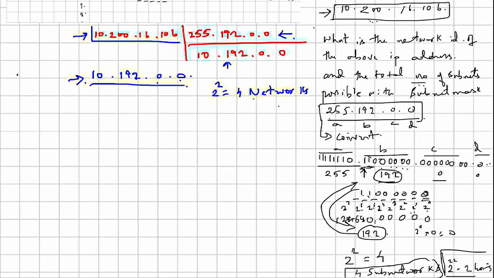So we got the first network here. Where are the other 3 networks? In order to find out the other 3 networks, we need to do this.